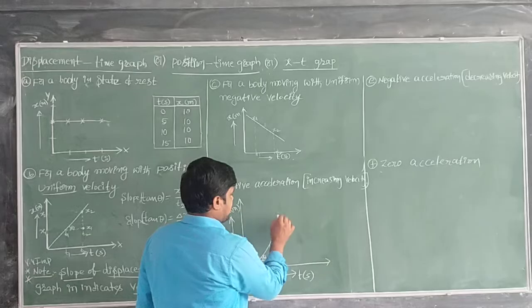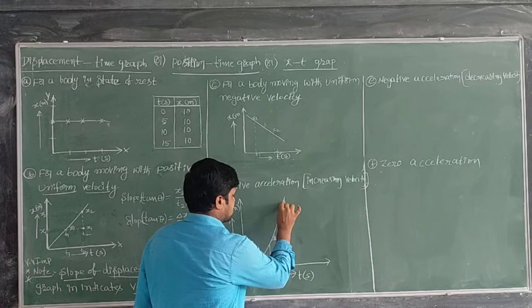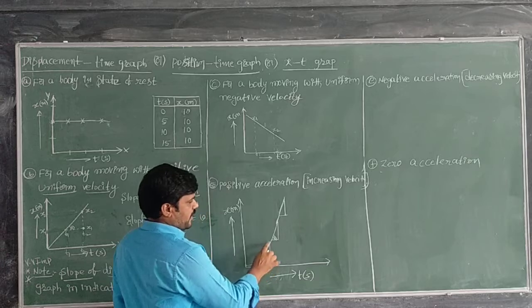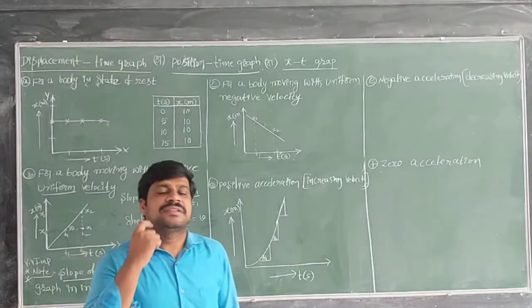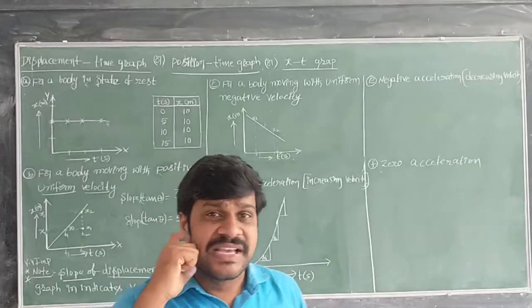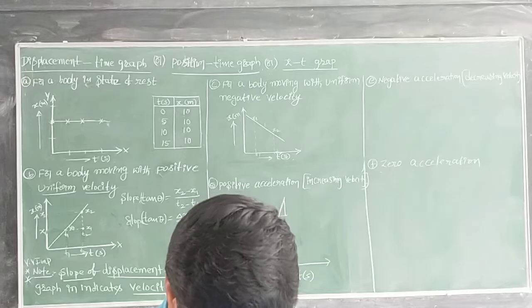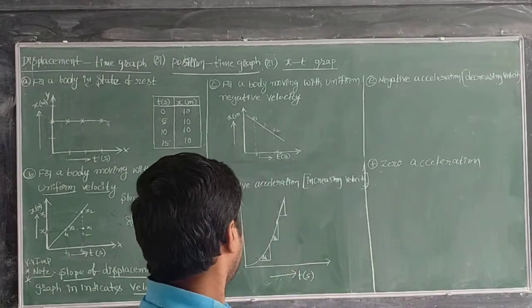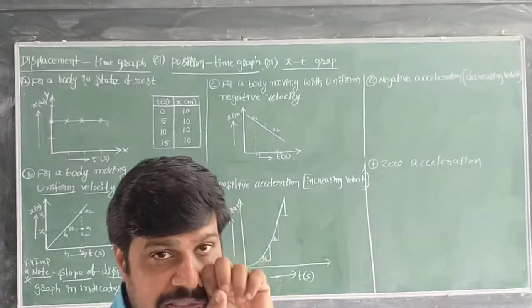Still here the slope is large, and from point to point the slope value is increasing. If the slope value of the graph keeps on increasing, then we can tell that it is positive acceleration or increasing velocity.